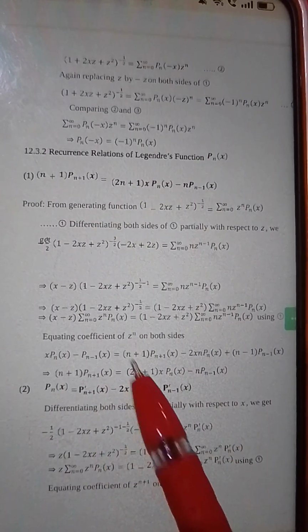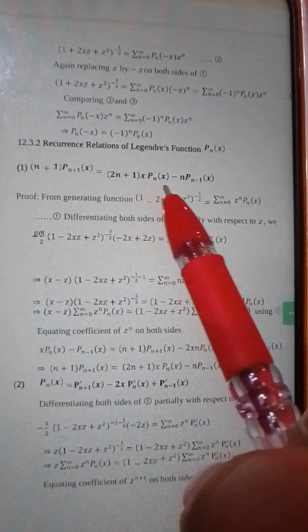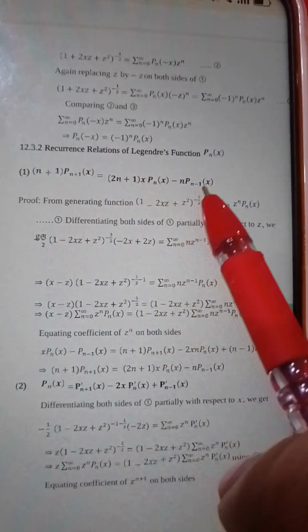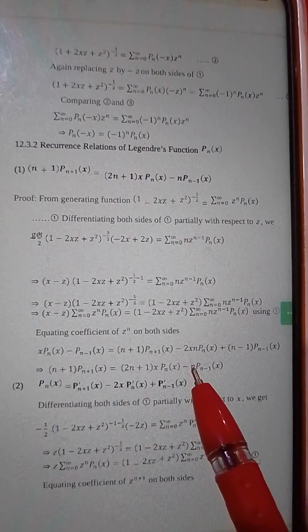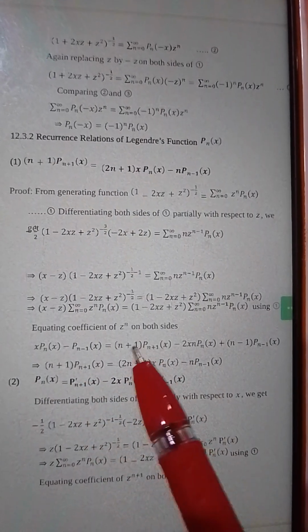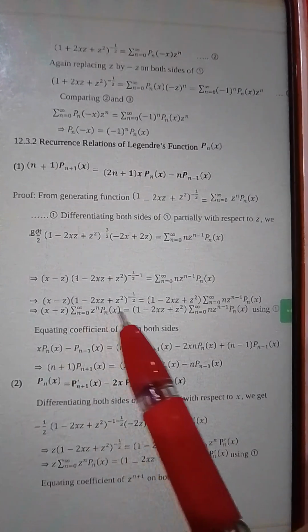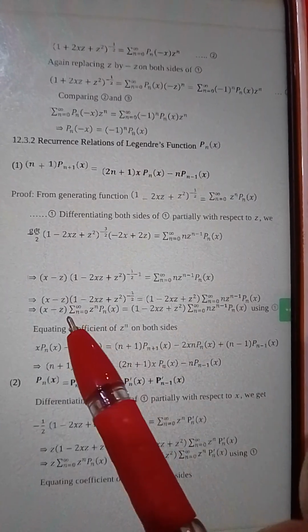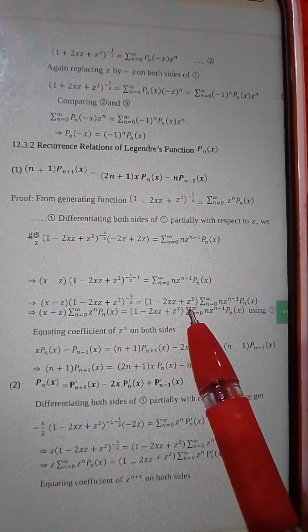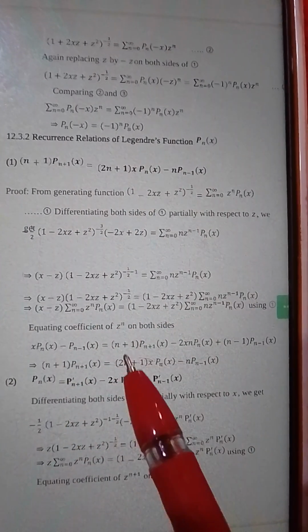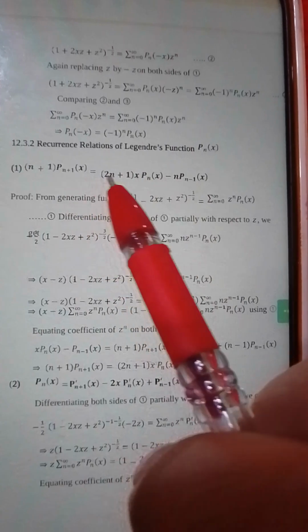It was the first recurrence relation. How are we getting it? By comparing the coefficients of z^n. This was our first recurrence relation.